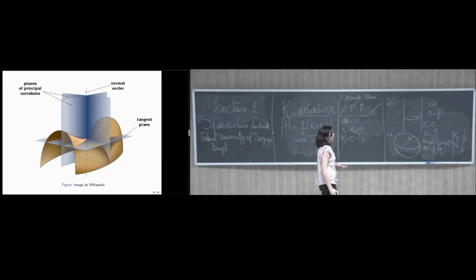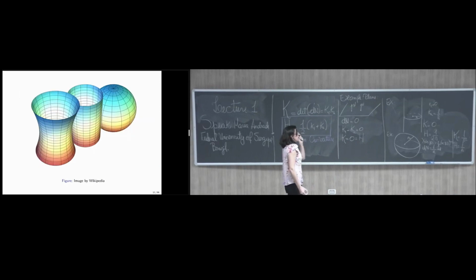With these curves you can look at the smallest curvature and the biggest curvature. The smallest kappa 1 and the biggest kappa 2. So you can see at another point, the same thing. And in the two examples here, you can see an illustration of the Gaussian curvature.